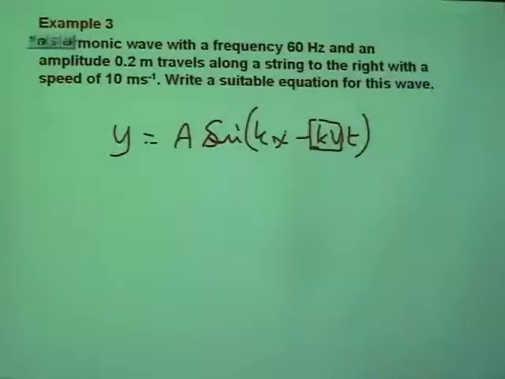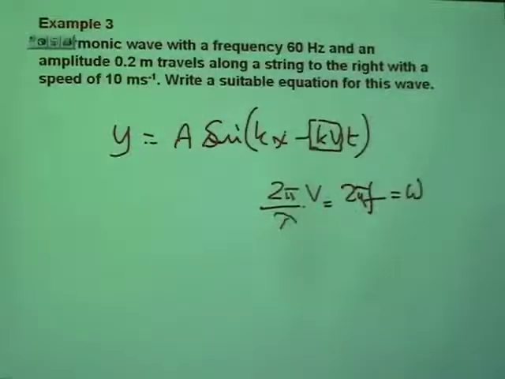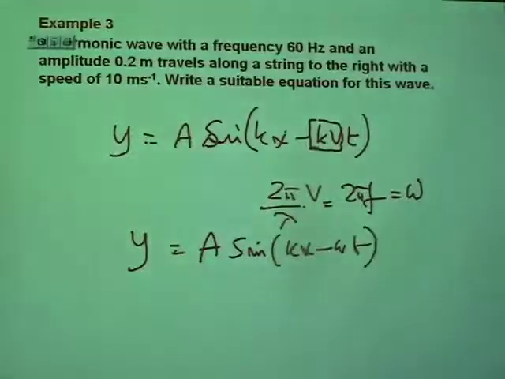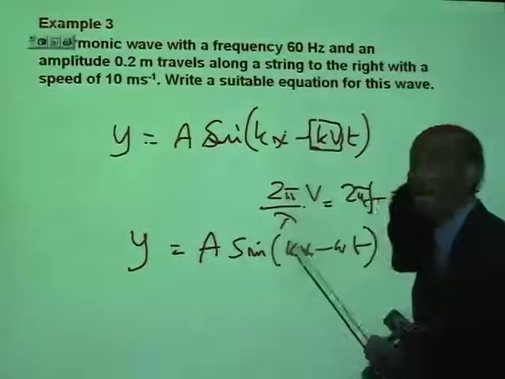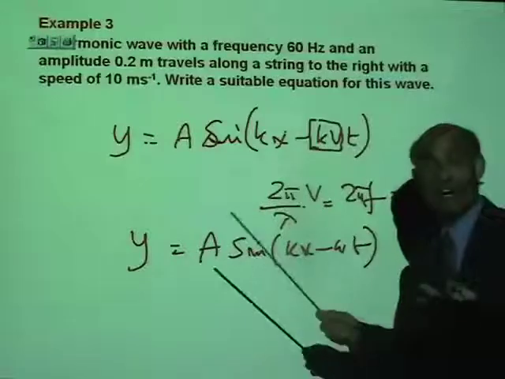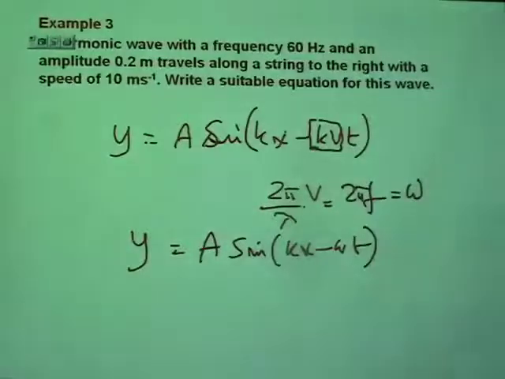Do you remember what kv is? k is 2 pi by lambda, and 2 pi by lambda times v is actually 2 pi times f, that is omega. So the equation is therefore y equal to A sine kx minus omega t. So you must understand this equation and the equation I wrote earlier are the same equation.